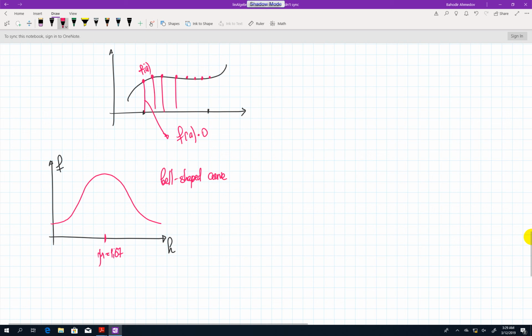So you can understand this as a frequency, which is the normal situation, right? Now, if I would like to find the probability that the height of a randomly chosen student is between 160 and 180, I just need to find this area, right? It gives me the probability.